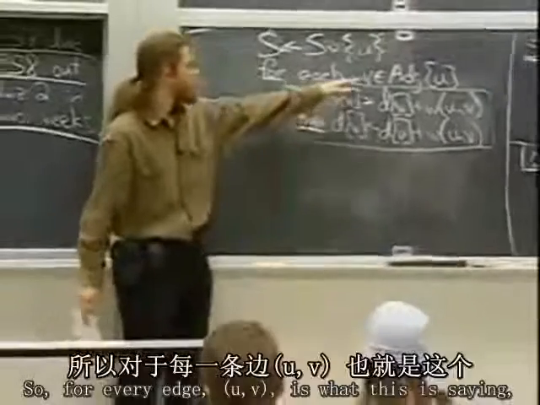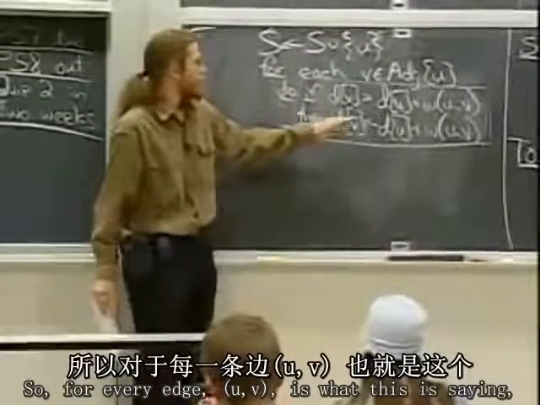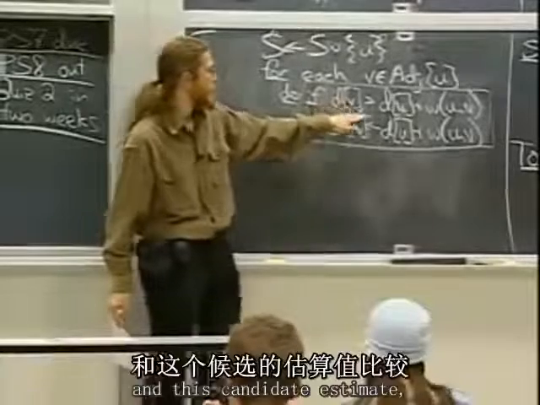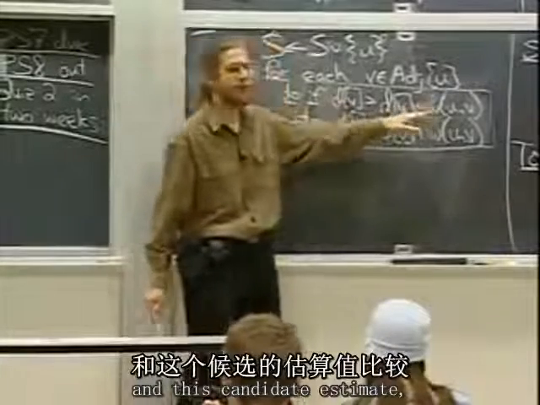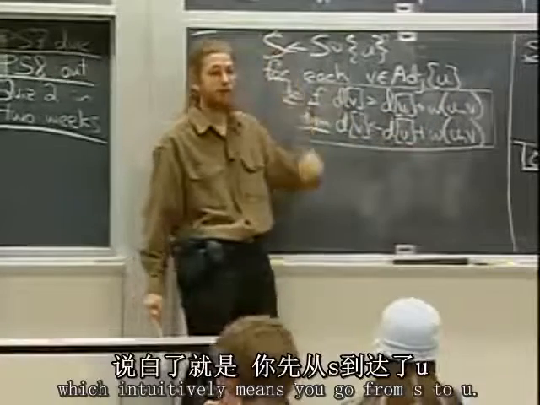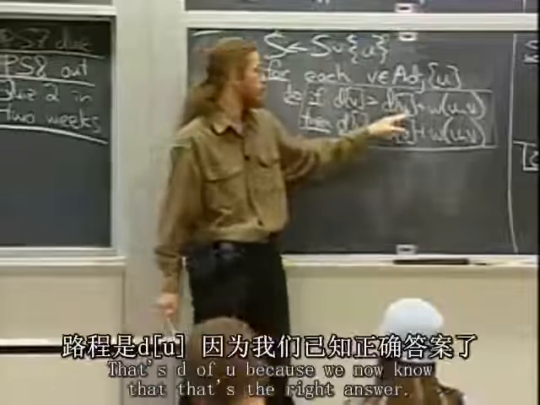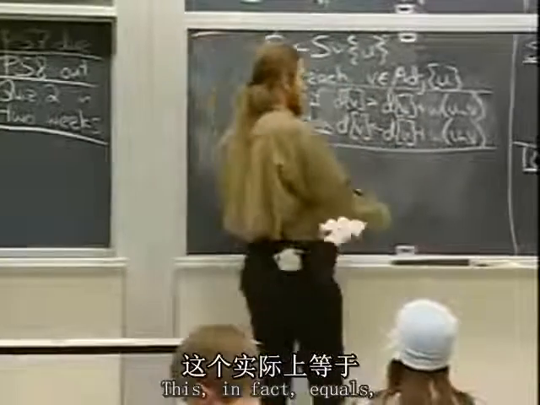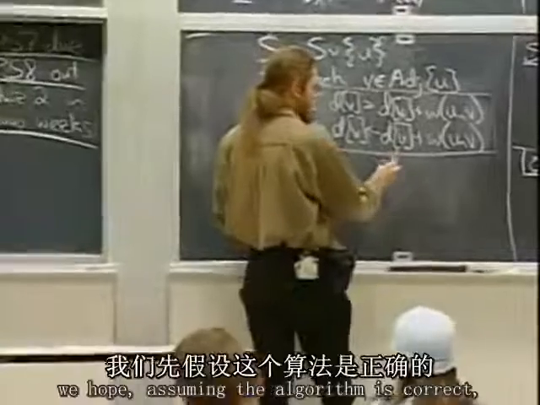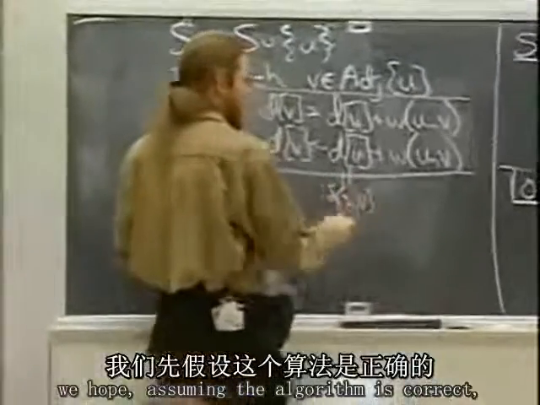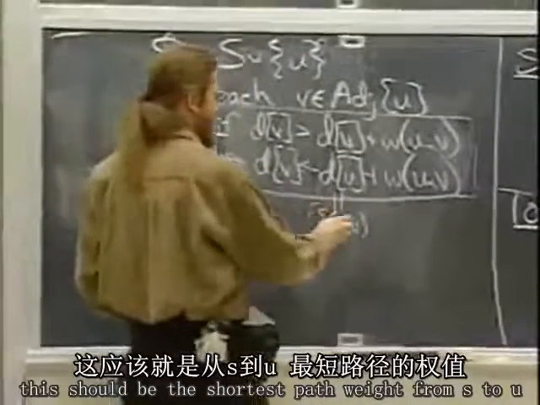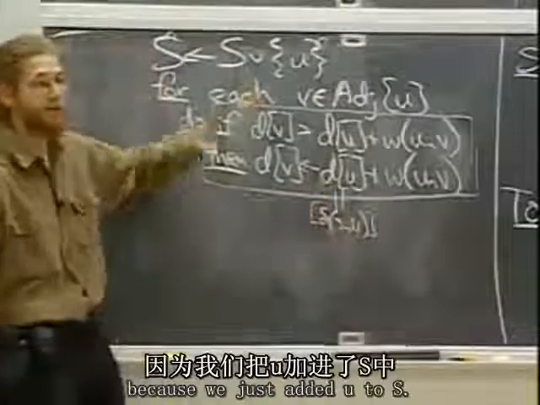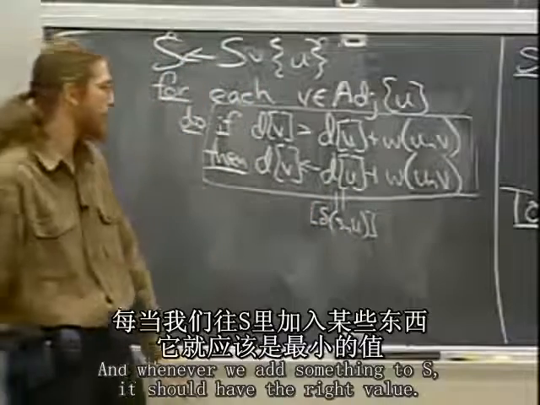So for every edge uv, what this is saying is we're going to compare the current estimate for v and this candidate estimate, which intuitively means you go from S to u, that's d of u, because we now know that that's the right answer. This in fact equals, we hope, assuming the algorithm is correct, the shortest path weight from S to u, because we just added u to S, and whenever we add something to S, it should have the right value.